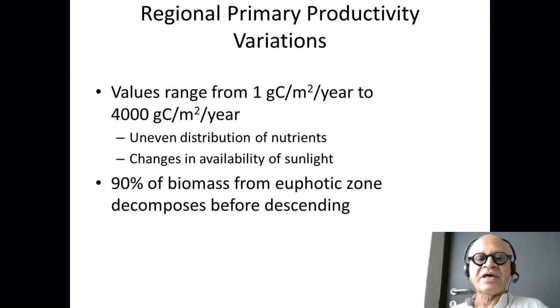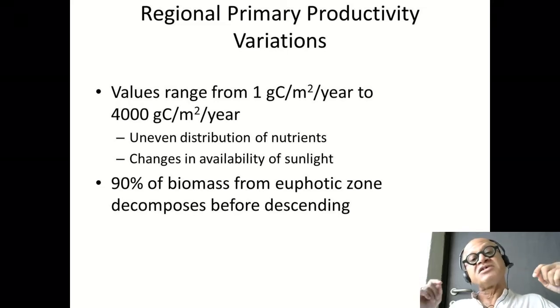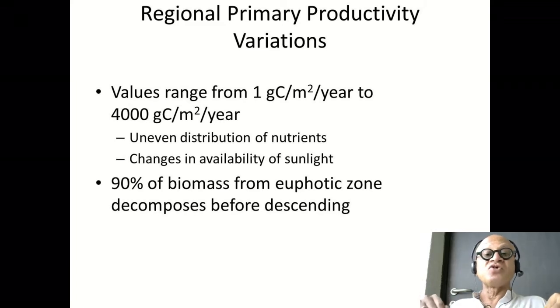90% of the biomass happens in the euphotic zone, but it doesn't, 100% of it is produced in the euphotic zone, very little below that, but 90% of the euphotic zone production is decomposed before it goes very far. Okay, why is that important? Remember we talked about stuff that makes it all the way to the bottom of the ocean, carbon that gets sequestered or respired and so on.